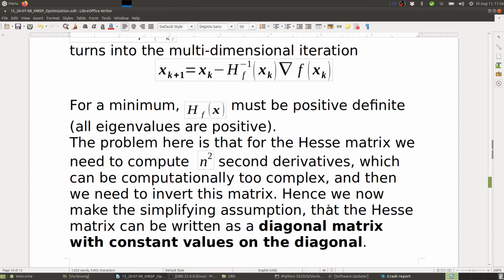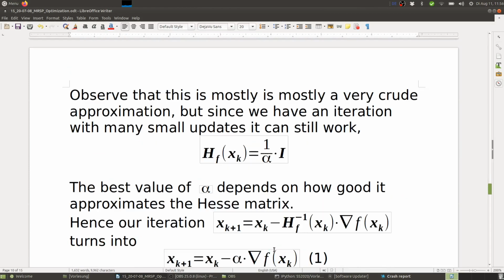So hence we now make the simplifying assumption that the Hesse matrix can be written as a diagonal matrix with constant values on the diagonal. Observe that this is mostly a very crude approximation, but since we have an iteration with many small updates, it can still work. So this is actually quite a dramatic simplification.